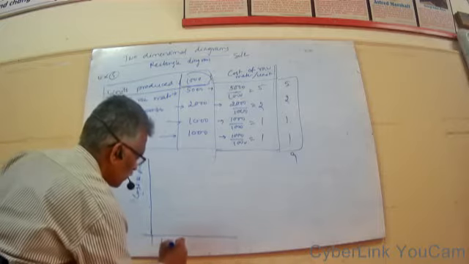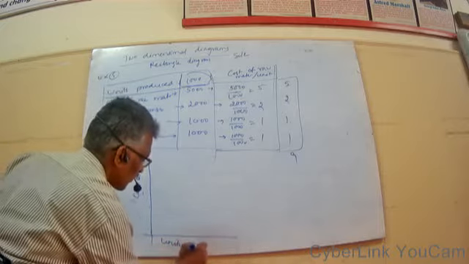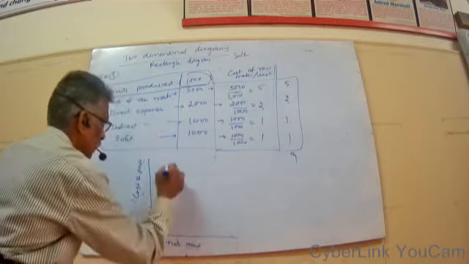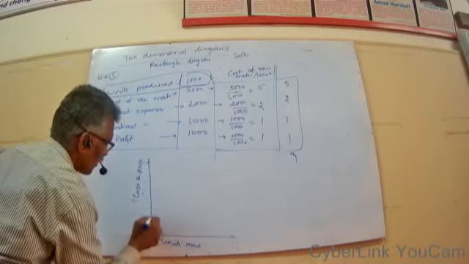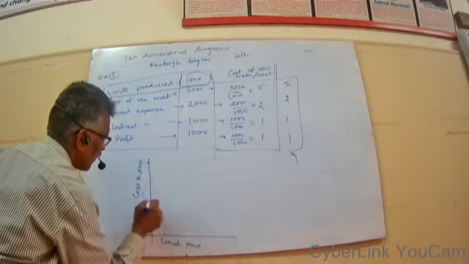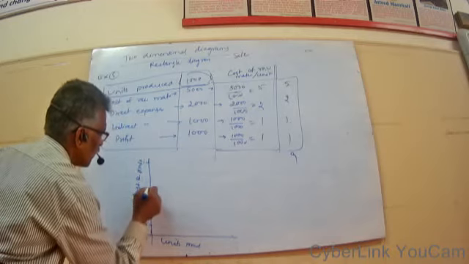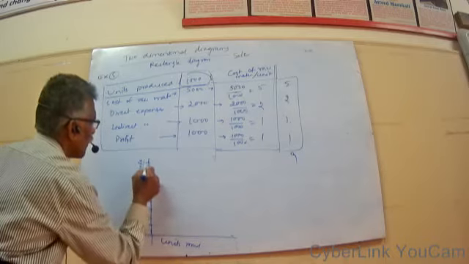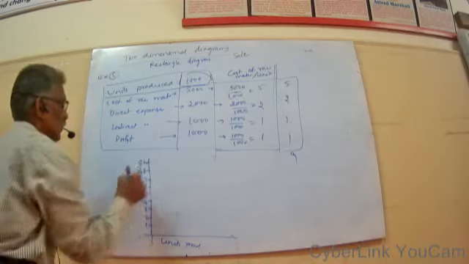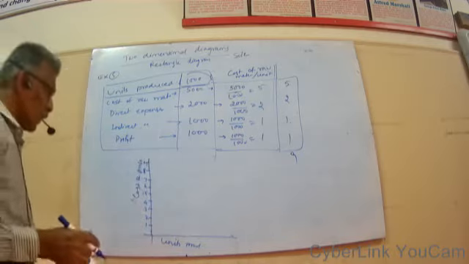This is units produced. Here 9: 1, 2, 3, 4, 5, 6, 7, 8 and 9. So total 9 we need.